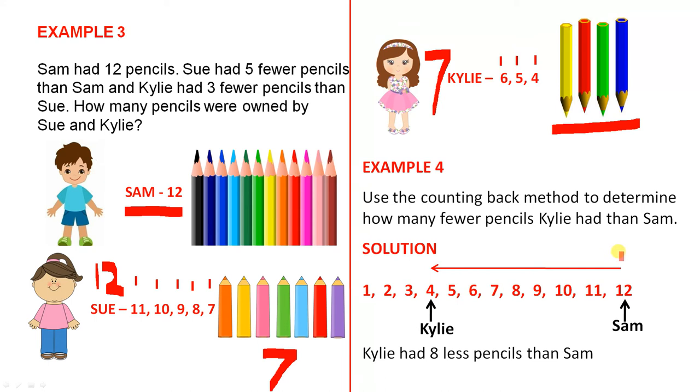So we start at the 12 and just count back one at a time, and that'll tell us how many pencils Kylie had that were less than Sam's. Here we go. Remember, we start there. 1, 2, 3, 4, 5, 6, 7, 8. Kylie had 8 less pencils than Sam.